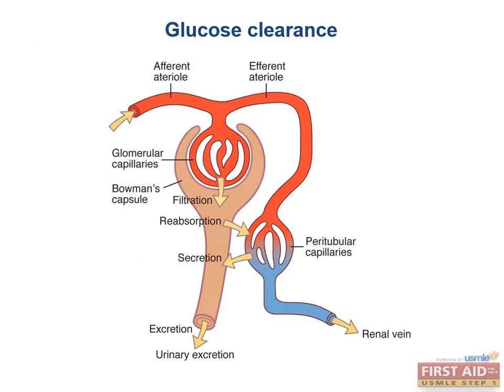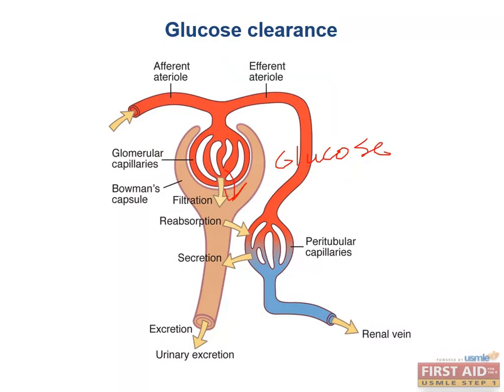Now let's look at the clearance of some different substances through the nephron. Normally, glucose is freely filtered by the glomerulus. So you see it here going from the glomerulus to the Bowman's capsule.